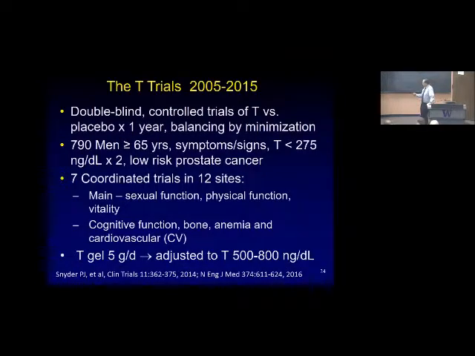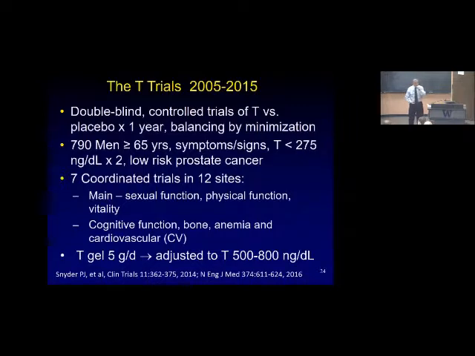Now, the testosterone gel that was used, another thing that tried to deal with the limitations of the previous studies I had told you about, is that it actually titrated testosterone gel dosages to meet a certain goal of achieving testosterone levels within the normal range of a young individual.